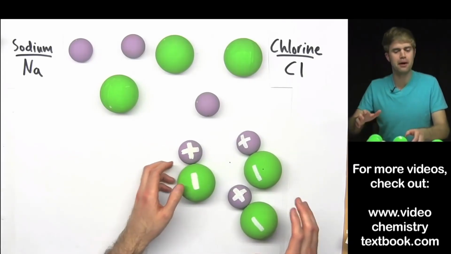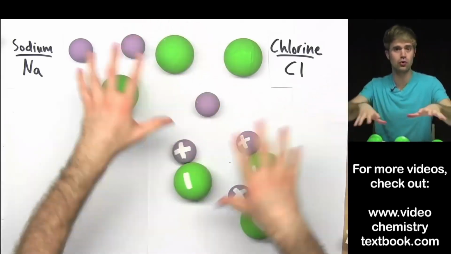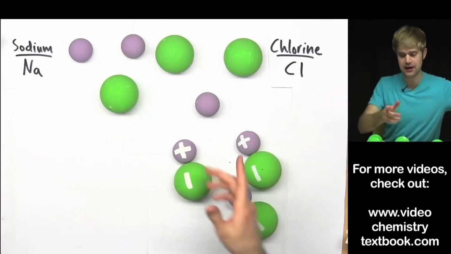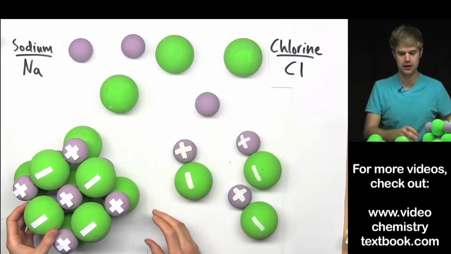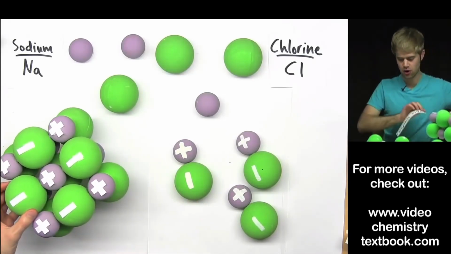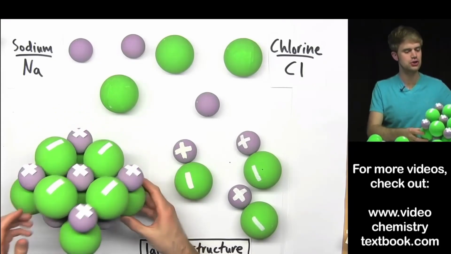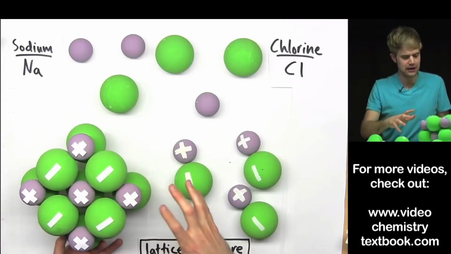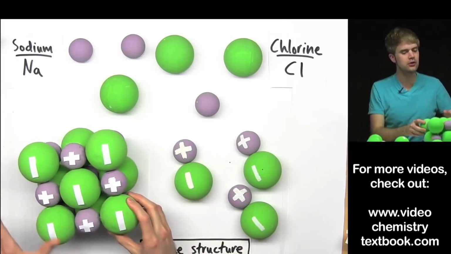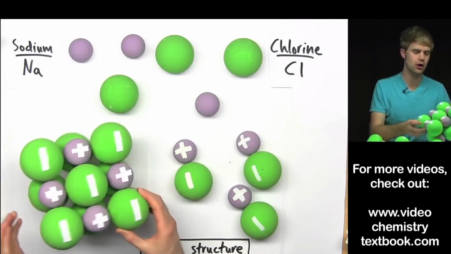If we get a bunch of these sodium and chlorine atoms getting charges and coming together, we're going to end up with a shape like this. This is called a lattice structure. And you can see how these ions are packed really closely together and how they're making this larger shape.